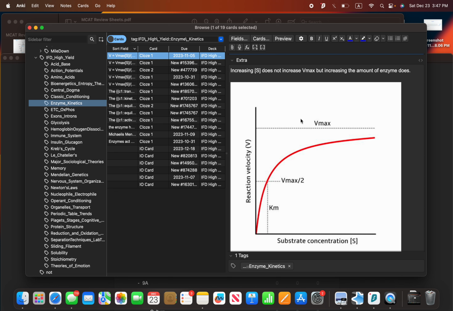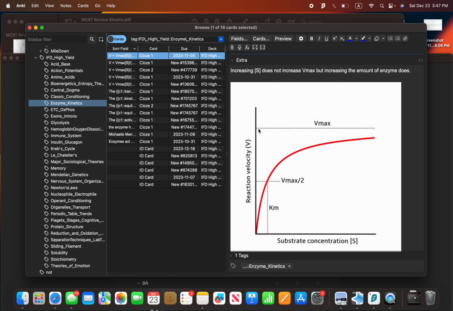Vmax cannot be increased because, why do you think so? Because each enzyme has a certain limitation. Vmax is a limit. You cannot go past the limit, just like your car cannot go past 200 miles an hour, right?